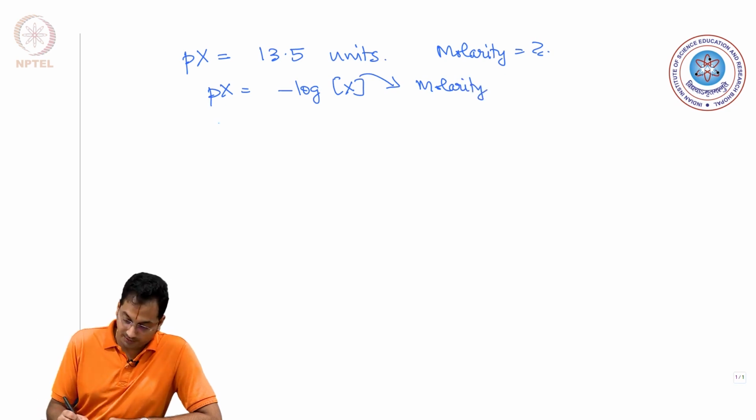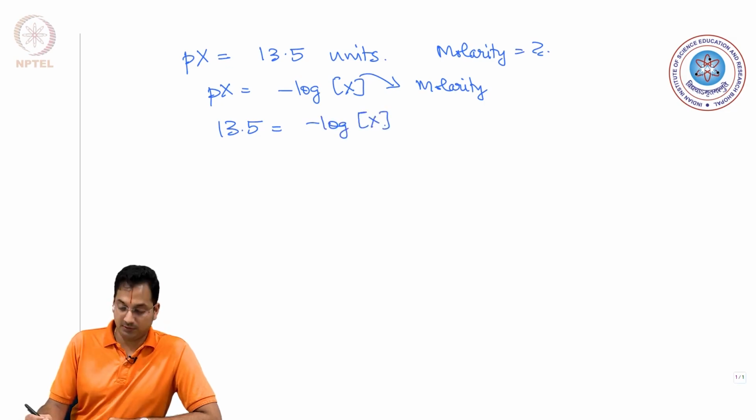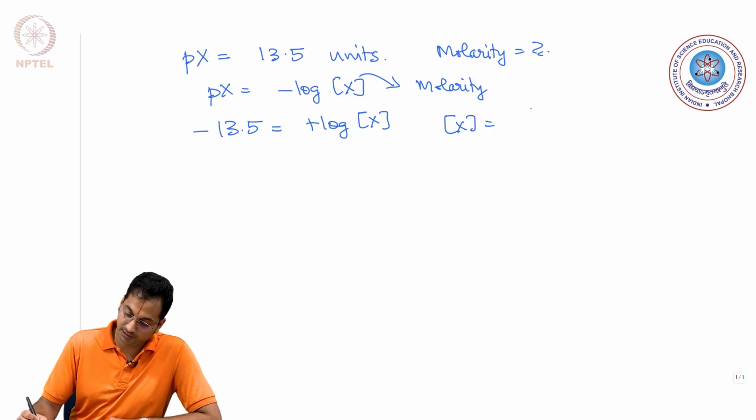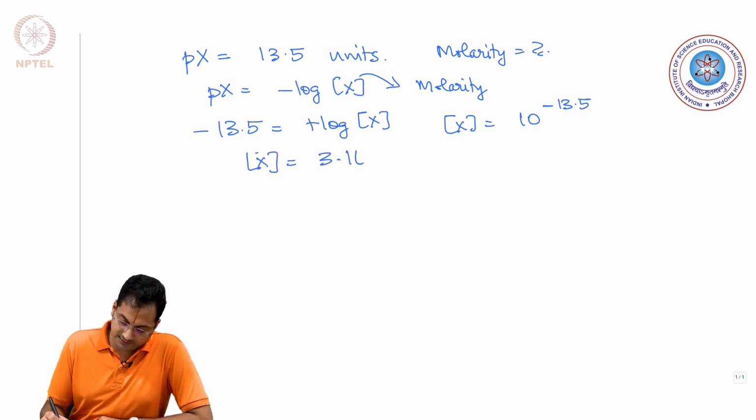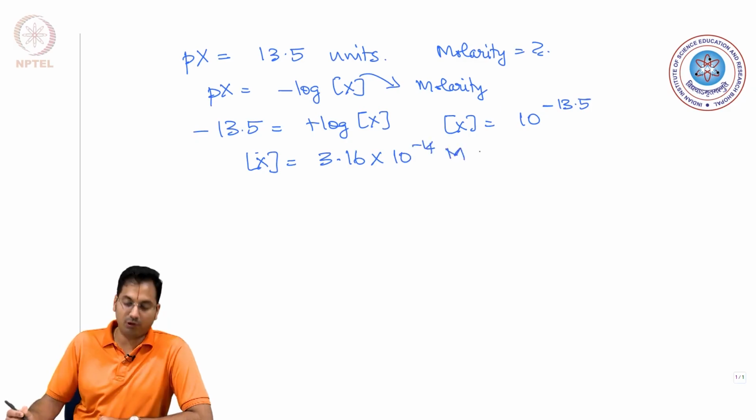So, therefore, what is going to end up happening? 13.5 is equal to minus log of concentration of X. So, this transpires into minus 13.5 is equal to log of X, and therefore, X is going to be given by 10 power of minus 13.5. So, the concentration of X is going to be given by 3.16 into 10 to the power of minus 14 molar.